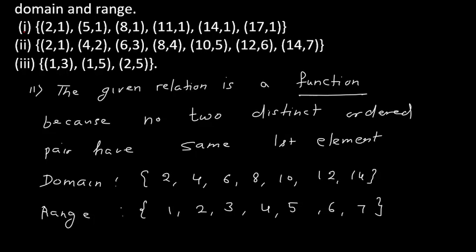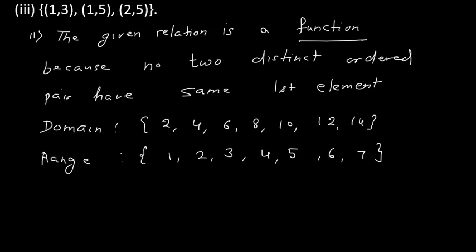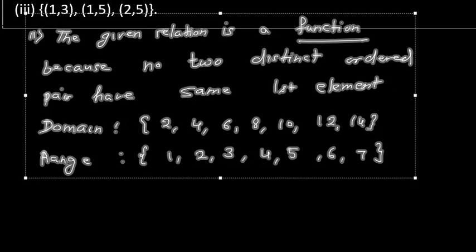And the third one, is it a function? So the answer is no. What I will say is that this is not a function. Why is it not a function?